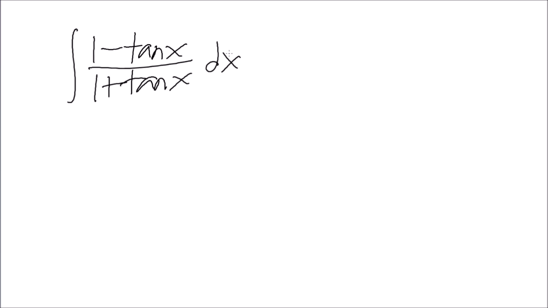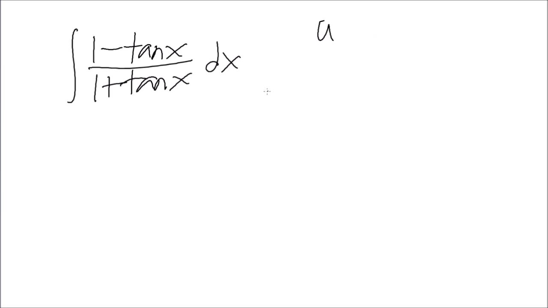Remember, when you let u equal something, a force substitution requires you to go backwards, and when you do it with trig, you end up getting inverse trig. So it depends on what you're doing, but in this case, I probably don't want to do force substitution.